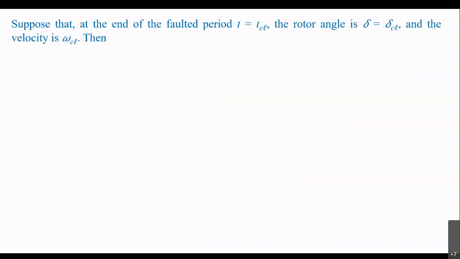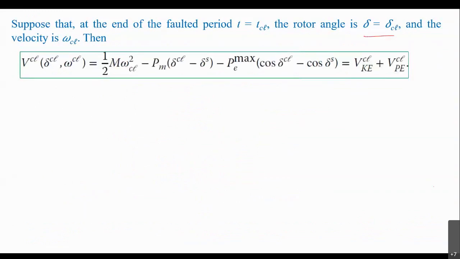Suppose that at the end of the faulted period, equal to L, the rotor angle is delta CL and the velocity is omega CL. Then your energy function will become VCL of delta CL, omega CL. By just substituting delta CL and omega CL, we get this equation, and this gives us nothing but the energy of the system.